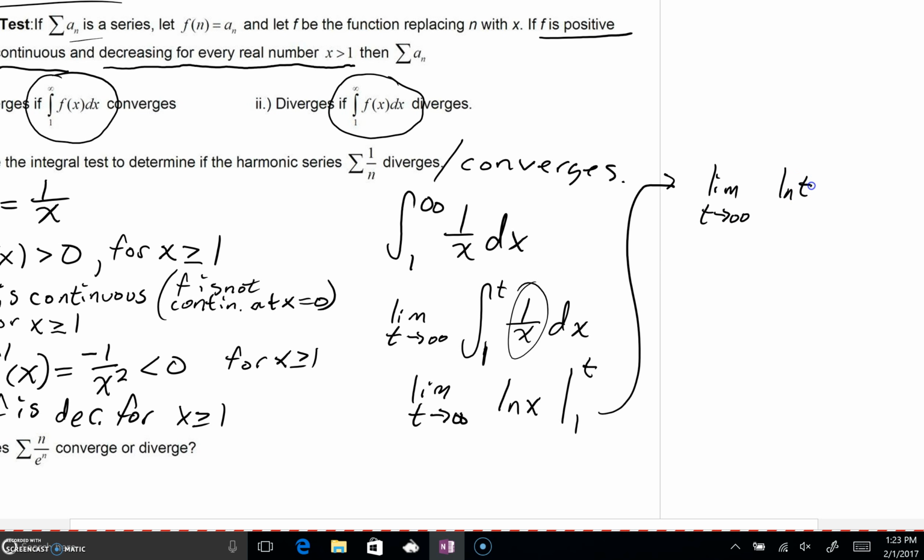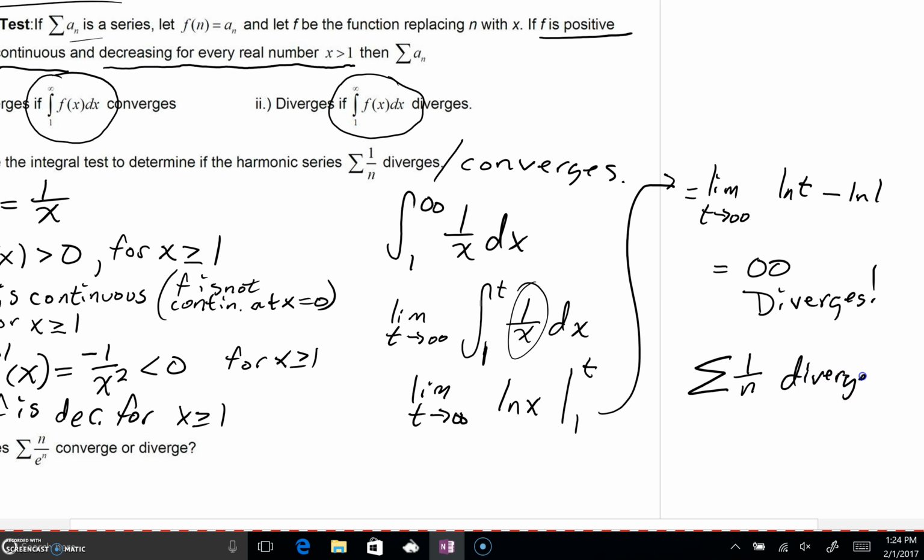This would be the natural log of t minus the natural log of 1. But what's happening? Natural log of t as t goes to infinity. This thing goes to infinity. This diverges. That means that this series diverges by the integral test.